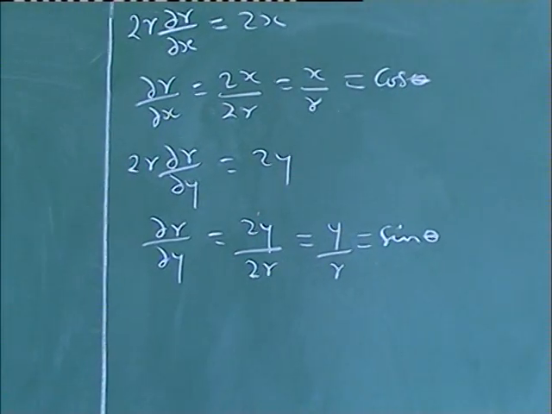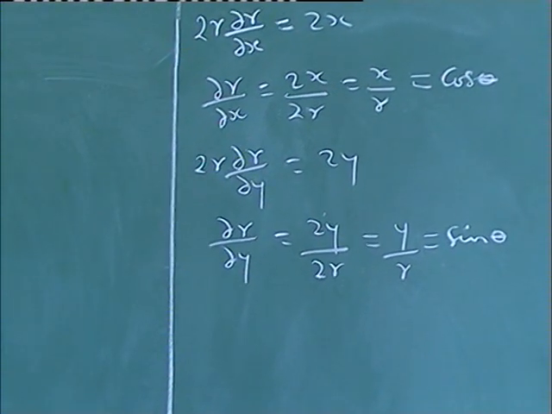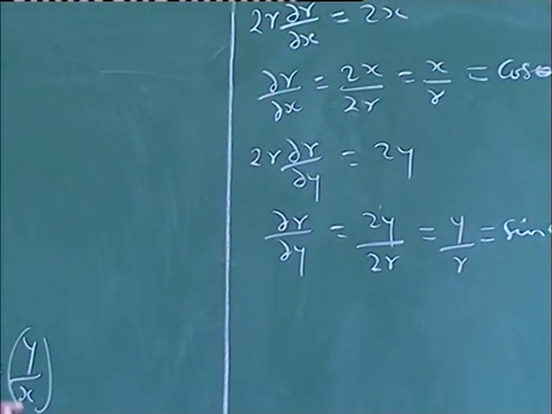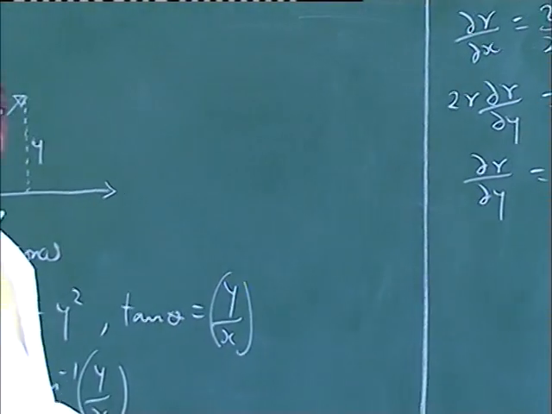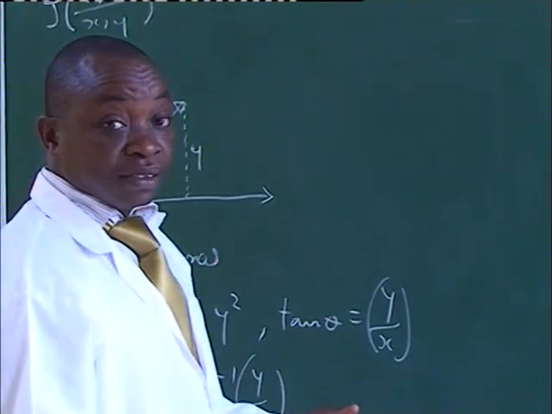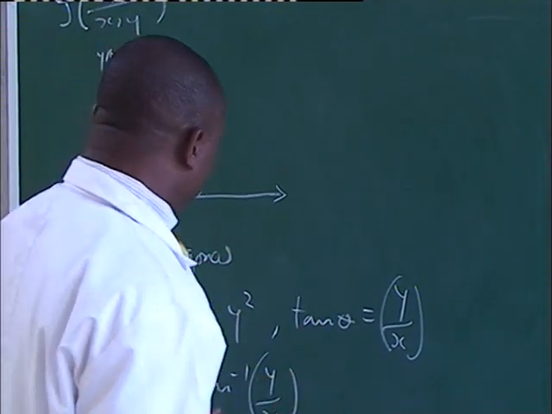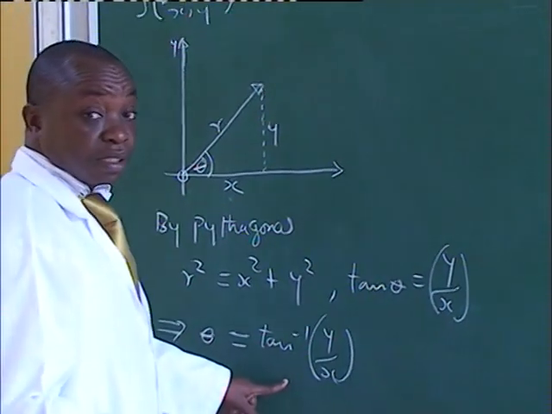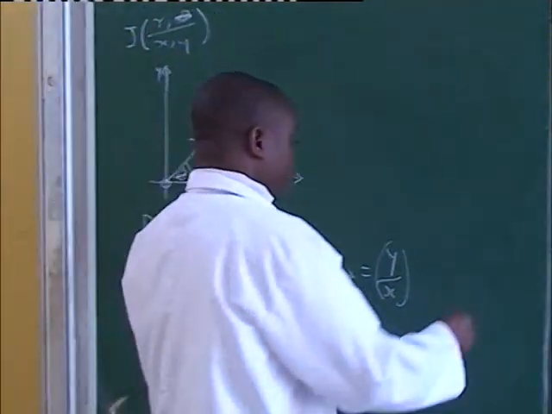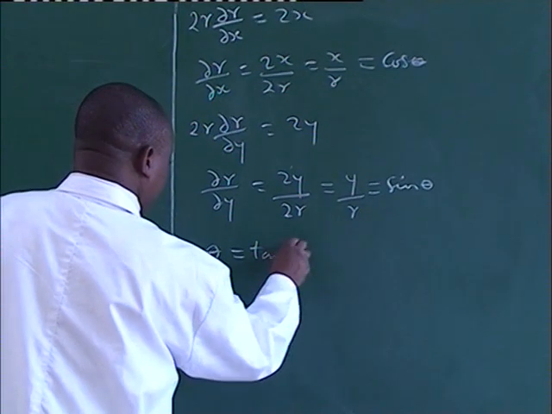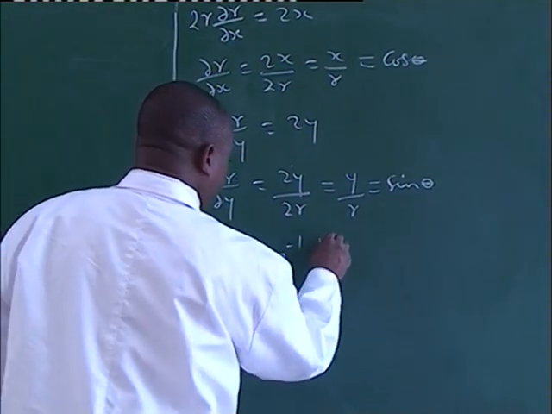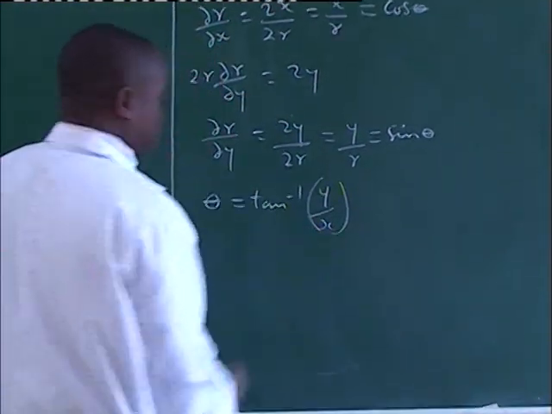Alright, what I need now is theta, because I need partial theta partial x and partial theta partial y, so that I can form my Jacobian. From here, I can differentiate: theta is equal to tan inverse of y over x.